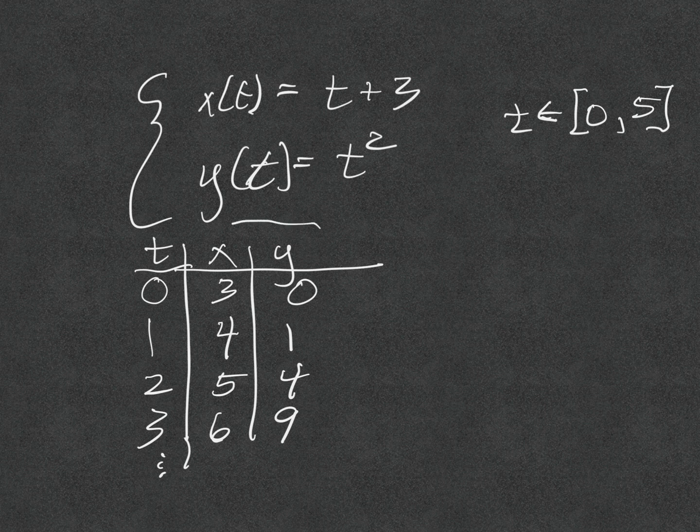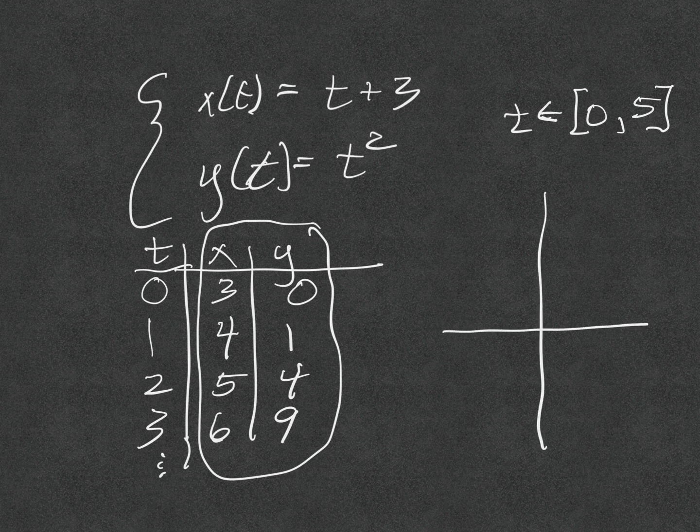Now, what we want to do is take this information and graph it. And so what would the graph of this look like? Well, we would first graph 3, 0, right there, and then we would graph 4, 1, and then we could graph 5, 4, and then the next one would be 6 and 9.